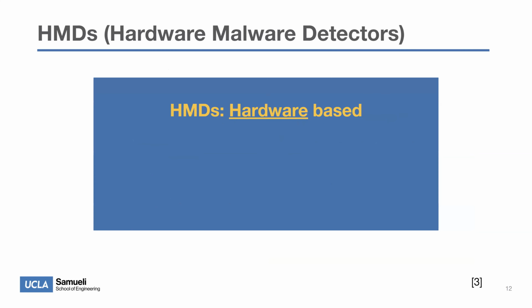In response to these traditional methods, HMDs, which stand for hardware malware detectors, were recently proposed to make systems more malware resistant. Recent studies have shown that low-level hardware features such as instruction mixes and memory reference patterns can be used to classify malware.